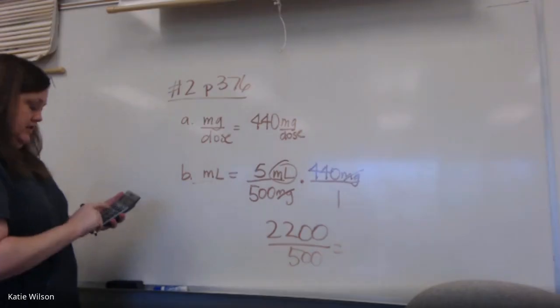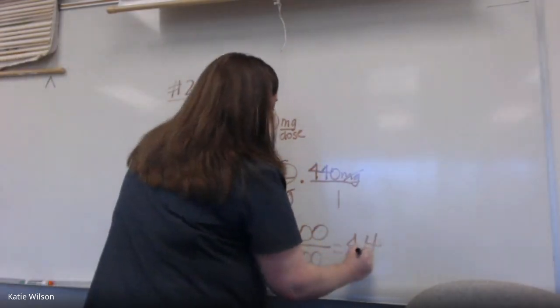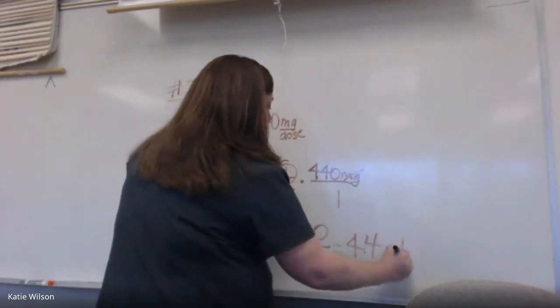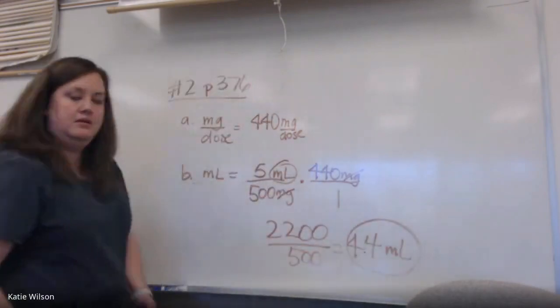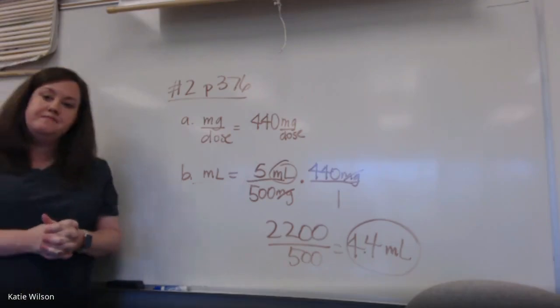So 2,200 divided by 500 is 4.4. So you'd be giving 4.4 milliliters per dose. You guys feel comfortable with that so far?